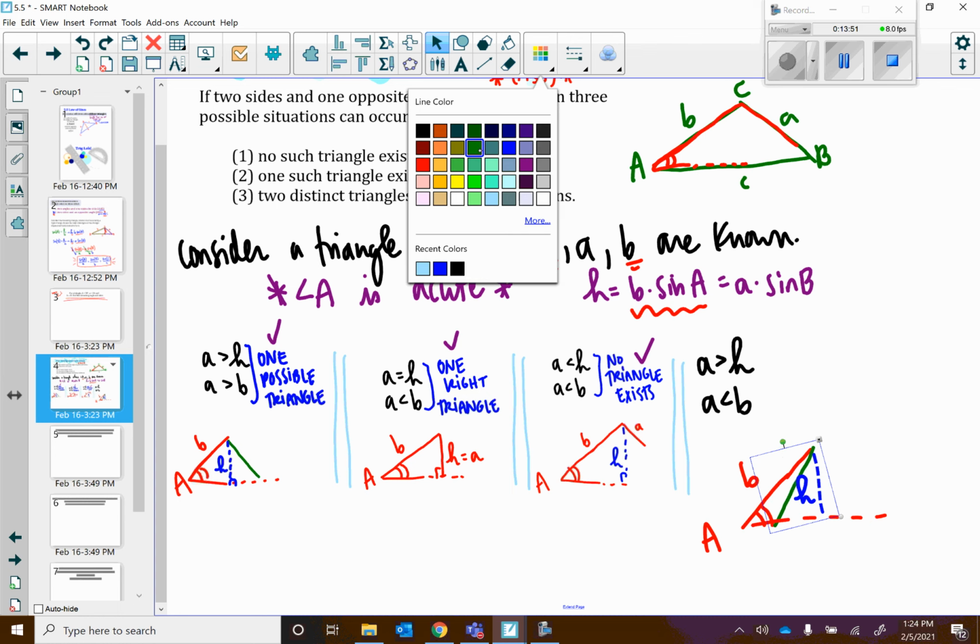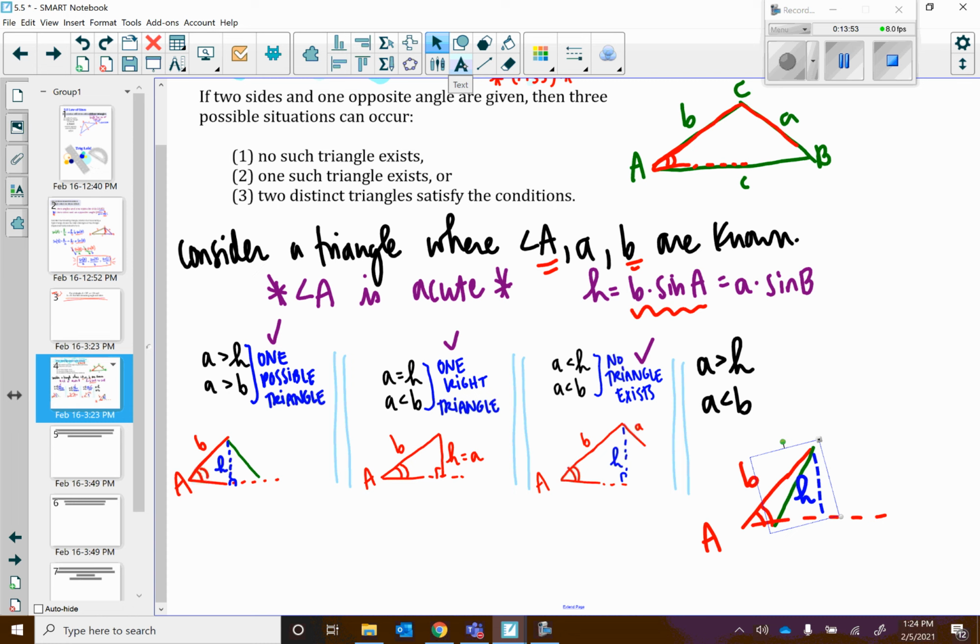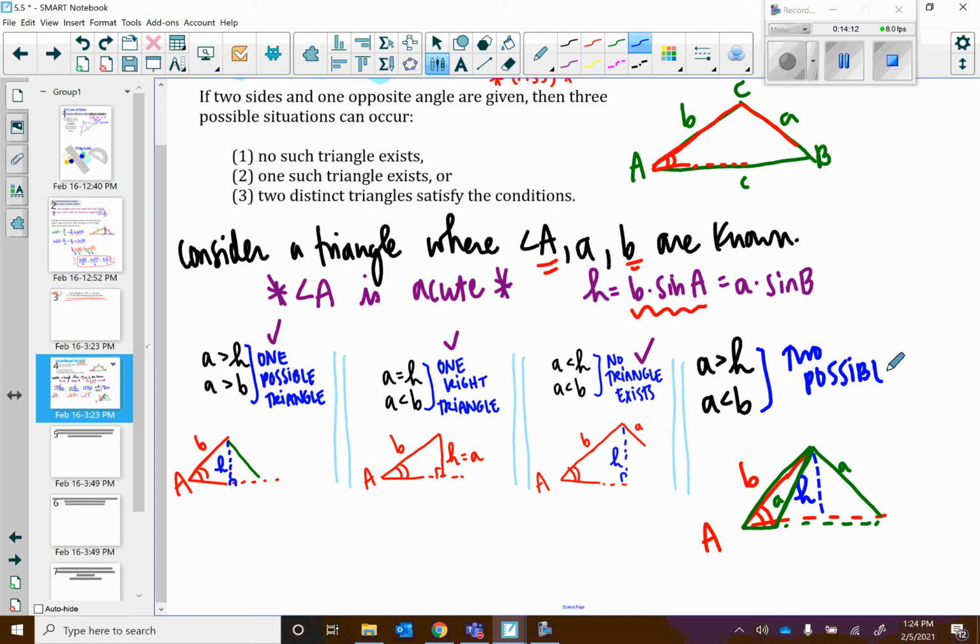So this is the scenario where there are two possible solutions. We've got this triangle or this triangle over here. Here's A and here's A. In this case, there are two possible triangles.